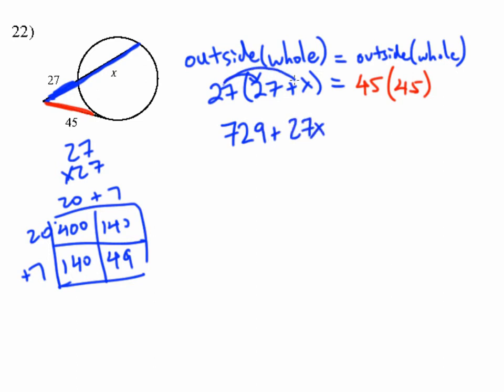And then distribute here, so 729 plus 27x.